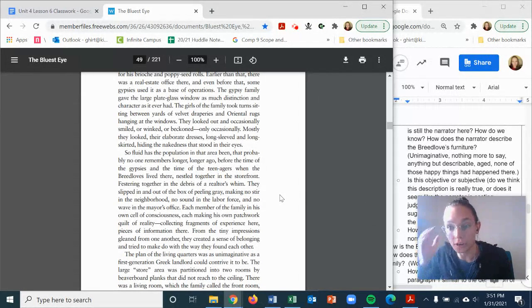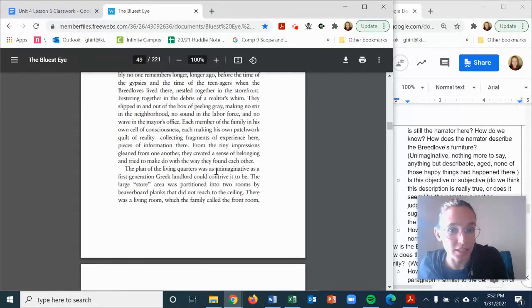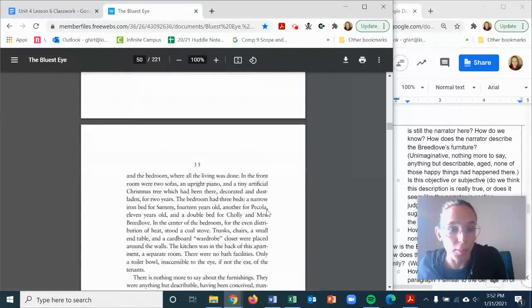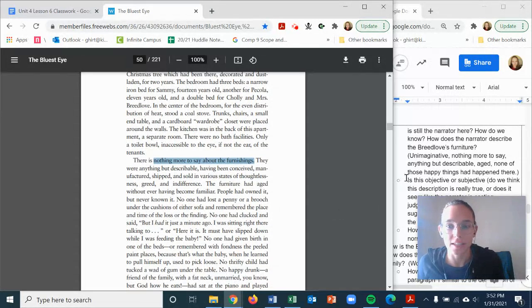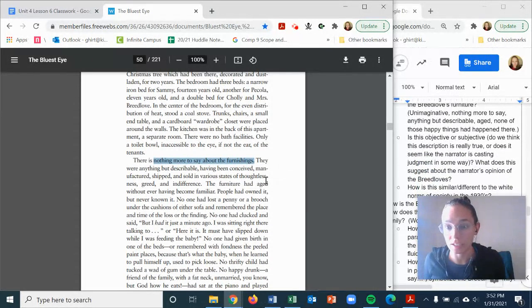And how does the narrator describe the Breedloves' furniture? It says the living quarters are unimaginative. There is nothing more to say about the furnishings, anything but describable. They're aged. So this narrator, whoever it is, is this narrator objective or subjective?